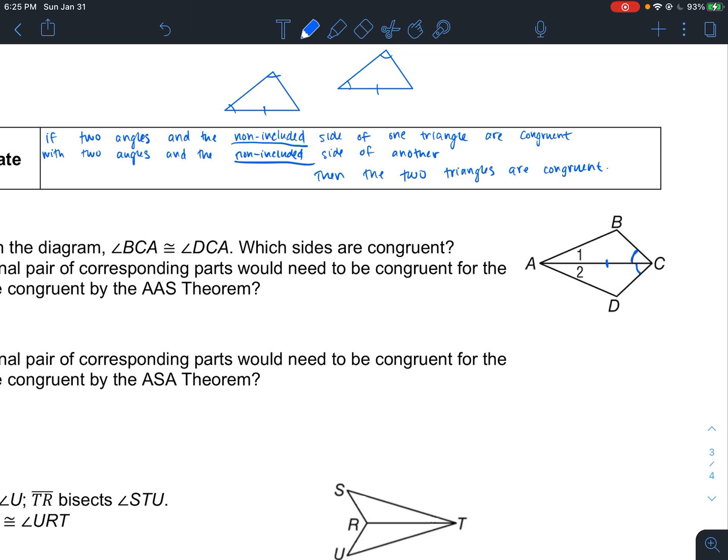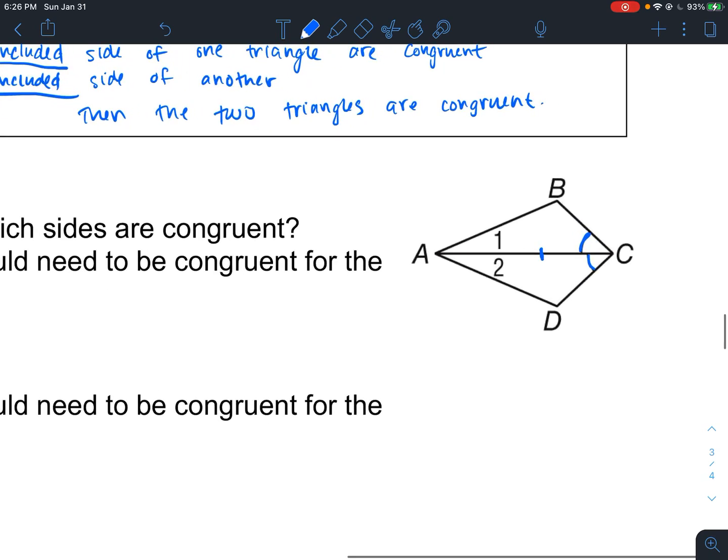So which additional pairs of corresponding parts would need to be congruent for the triangles to be congruent by the AAS theorem? The other part to be congruent would probably be this angle right here. So angle B and angle D would have to be congruent to give us an angle, an angle, and a side.